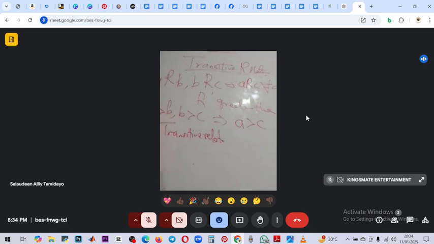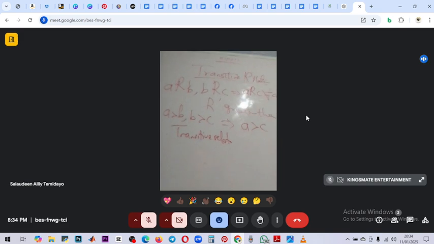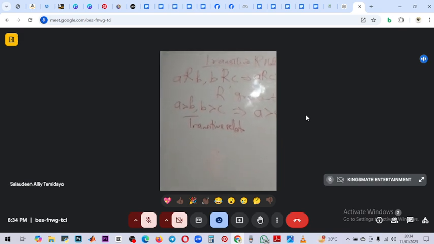If something like that happens and is satisfied, then it is a transitive relation. Those are the three types of relation we have: transitive, reflexive, and symmetric.